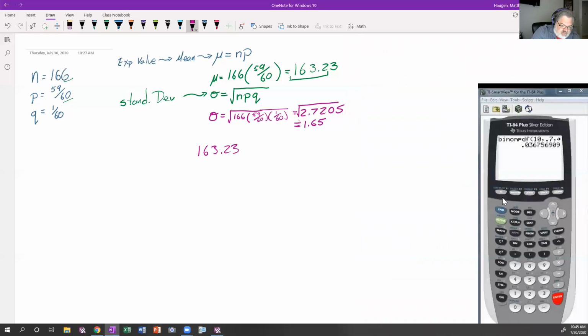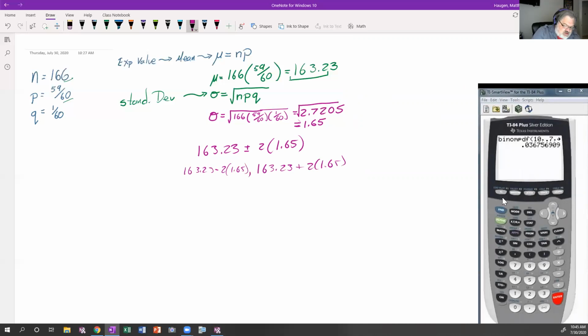So our 163.23 plus or minus 2 times the 1.65. We would need 163.23 plus 2 times 1.65 and 163.23 minus 2 times 1.65.